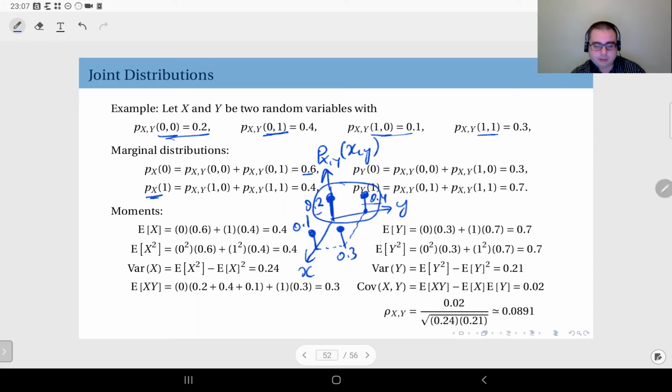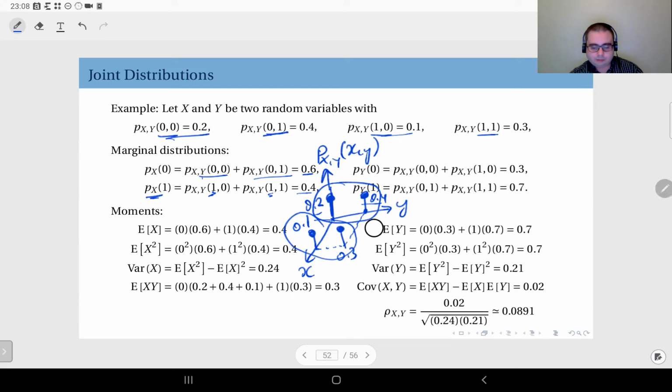That gives me 0.6. And these two are the outcomes where x equals 1. So I add them up, 0.1 plus 0.3, and get 0.4. So this is the marginal distribution of x.